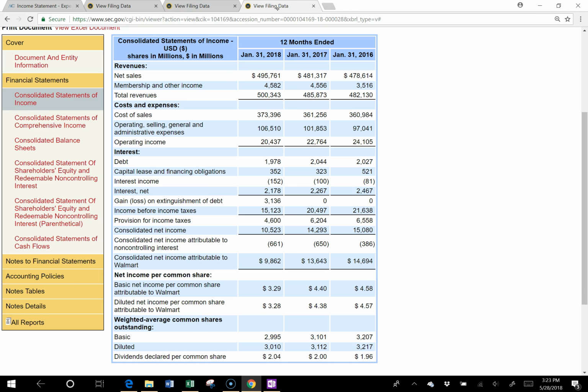So every number that we see up above net income includes all subsidiaries, even the portion that is not fully owned. So then only this final income number is allocated towards the portion that's attributable to the non-controlling interest, and the remaining belongs to Walmart's stockholders. Of course, then we see our net income per share, diluted earnings per share, and again, they give us the weighted average common shares outstanding here for Walmart.